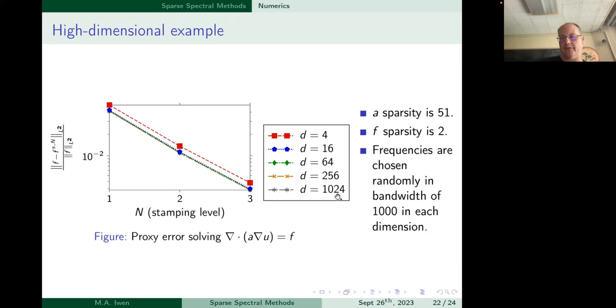So for these 1,024-dimensional problems, there are 1,000 to the 1,024 possible frequency choices that we are choosing from in order to set up our PDE and solve. And it should also hopefully be clear at this point that it would be simply impossible to use an FFT or any method that's even linear in the potential size of this basis to even start solving this thing. So you have to sort of go sublinear or die on a problem of this dimensionality.